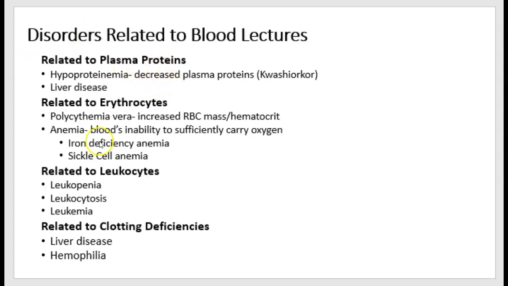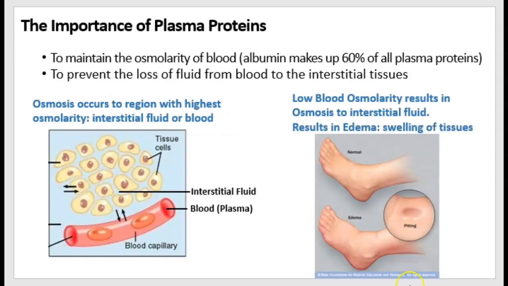So I'm going to start with what we talked about regarding the plasma protein disorders and hypoproteinemia. Here's a picture that shows the blood and the tissues and how there's an exchange of fluid between the plasma and the interstitial fluid, or the space between the systemic cells.